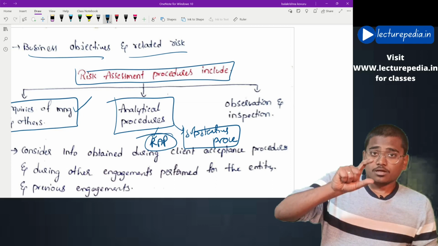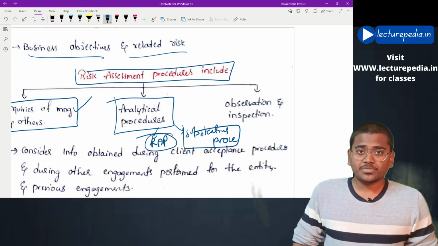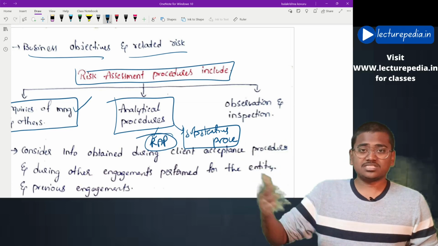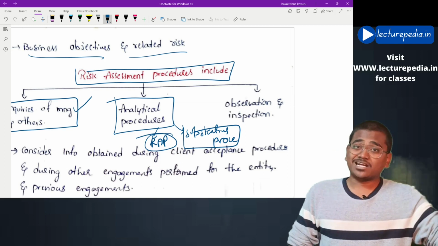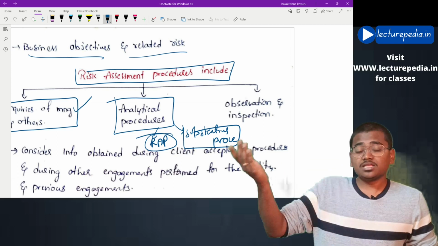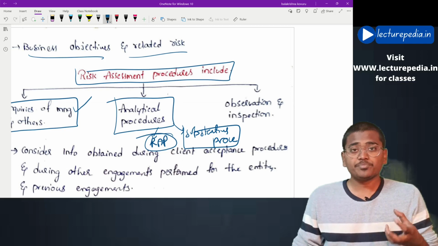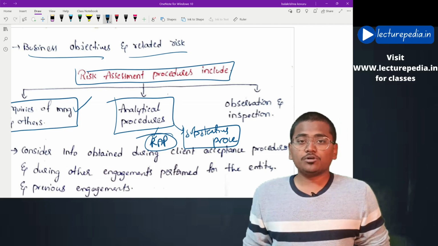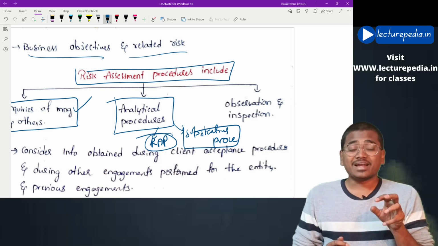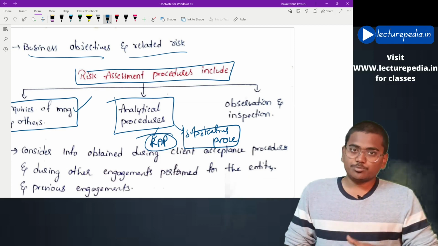But when the auditor observes the profit and loss statement, he doesn't find any repairs and maintenance. There is a lot of plant and machinery, but no repairs and maintenance in the profit and loss statement. This would be an area of risk of misstatement. This is how analytical procedures can be used by the auditor as risk assessment procedures.